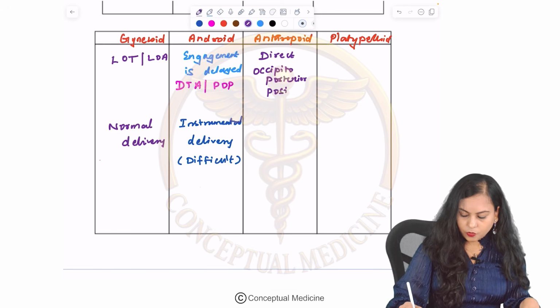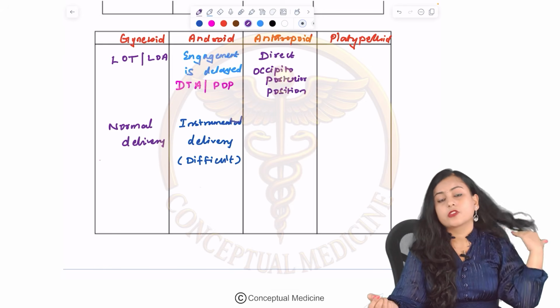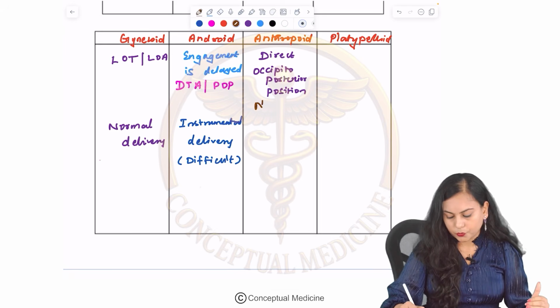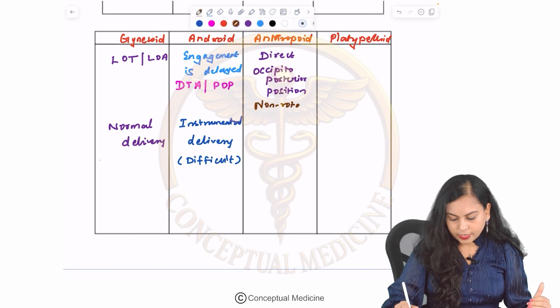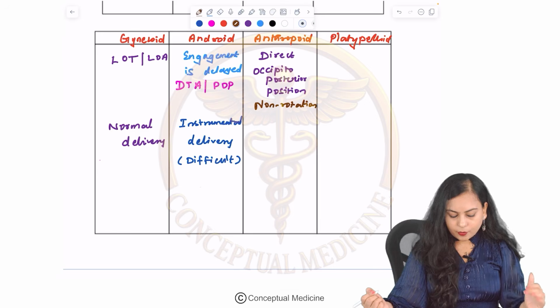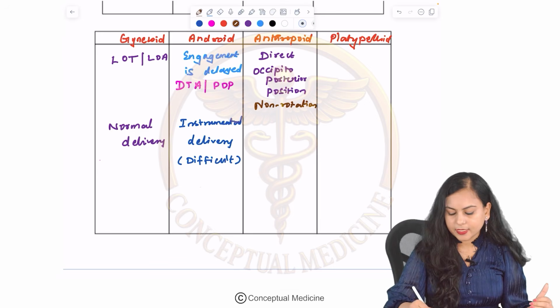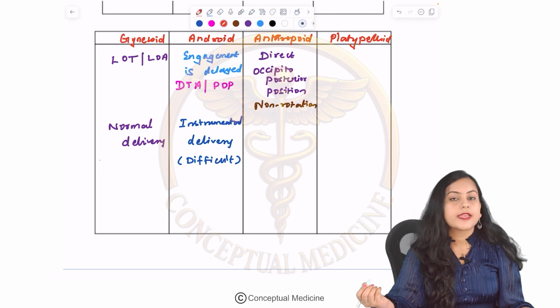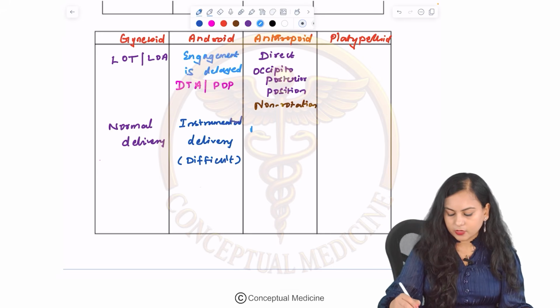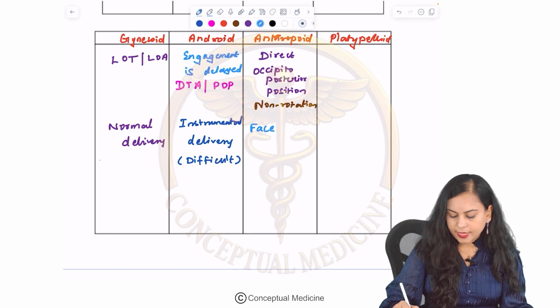That is more common, and there are more chances of non-rotation also. So, what you will get here? There will be chances for face to pubis delivery. So, there are more chances for face to pubis delivery in your anthropoid pelvis.